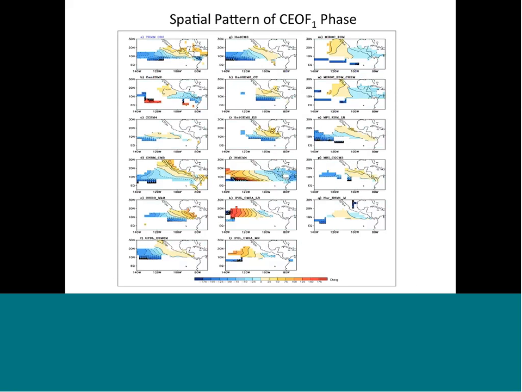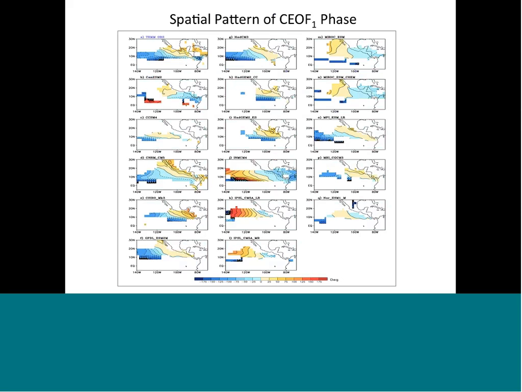So this slide shows the spatial distribution of the phase of the leading ISV mode based on observation and models. We can see in the upper left panel, observed, the northeastward propagation tendency associated with this leading ISV mode is reasonably well captured in several models.